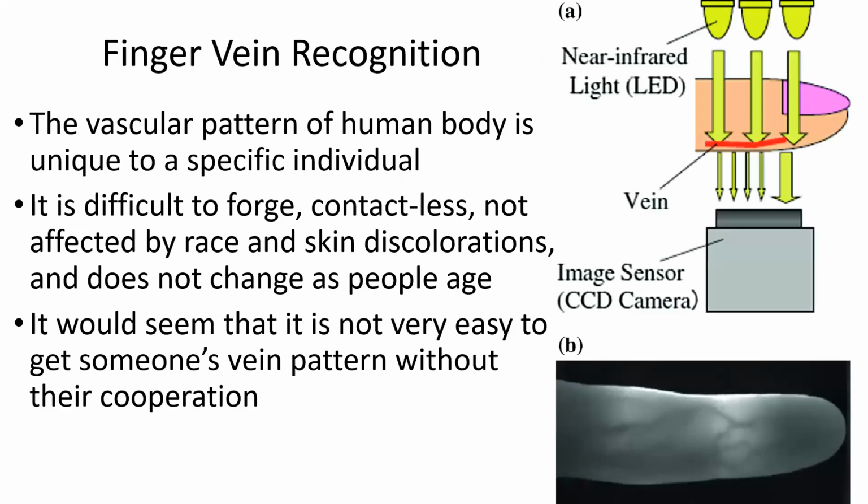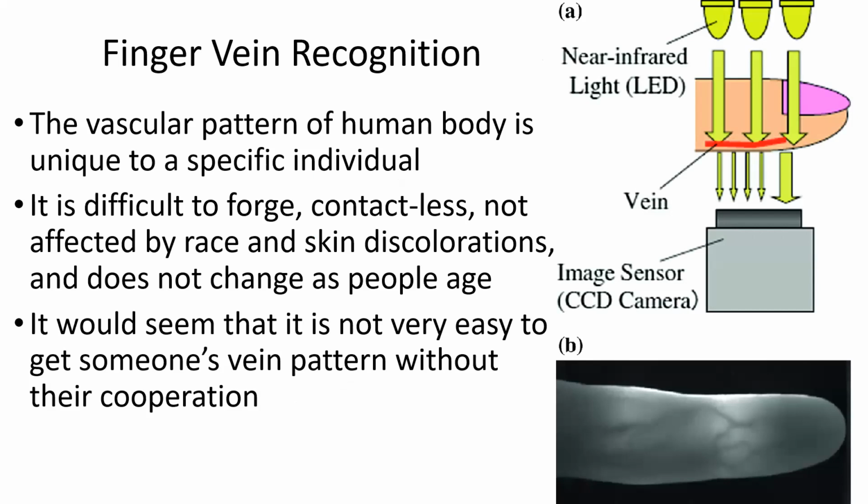Of course, there are many other things besides fingerprints. Similar to fingerprints is finger vein recognition. Now, I've never seen one of these systems myself, but I've been reading about them. They shine an infrared light through your finger, and they look at the vein pattern in your finger, which I am told is unique to all people. That's what I read.